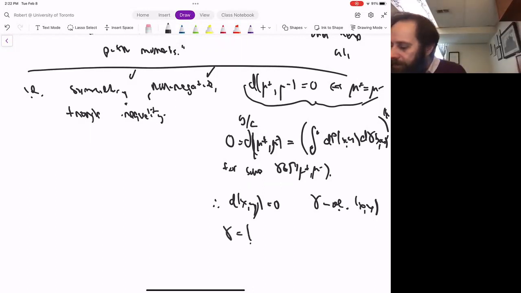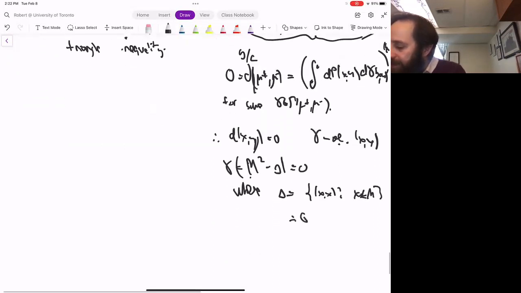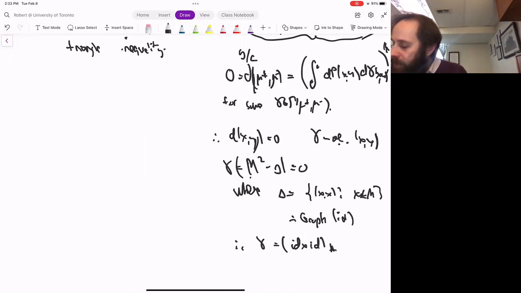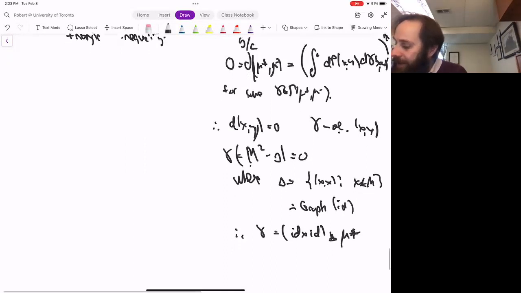Gamma of M squared minus delta is 0, where delta is the set of points (x, x). But the diagonal is the graph of the identity map. We had a theorem that said whenever you have a measure that vanishes outside the graph of a map, then gamma will be the push forward of its left marginal mu plus under the identity cross that map.